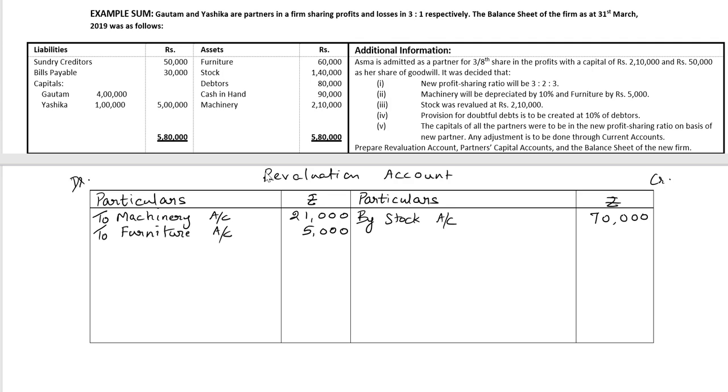And the fourth point, provision for doubtful debts is to be created at 10% on debtors. Debtors amount in the balance sheet is 80,000. So we'll create a provision for 8,000. The fifth point is about the adjustment of capitals. So we'll balance revaluation account.